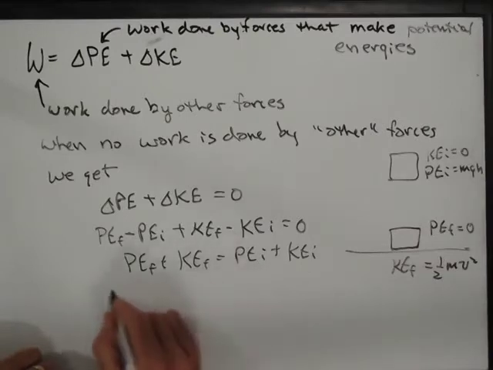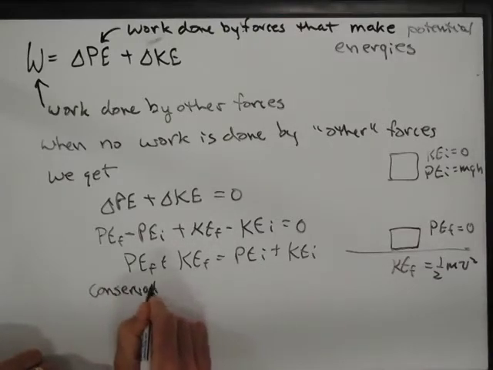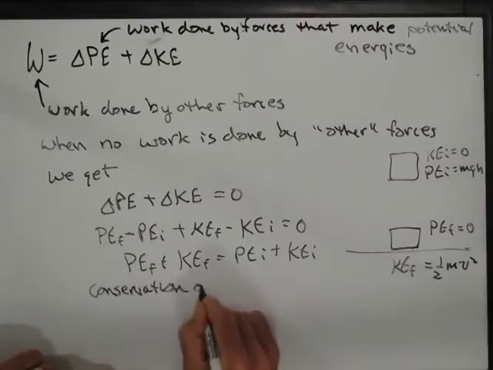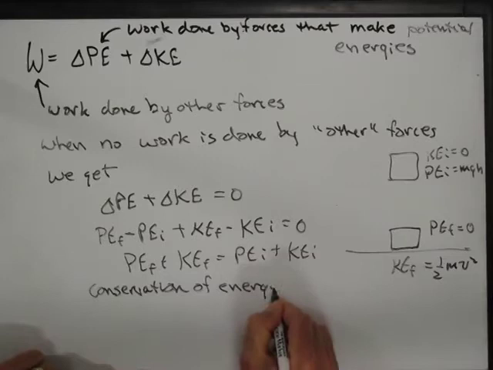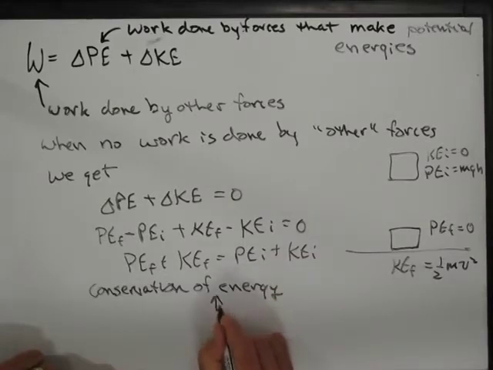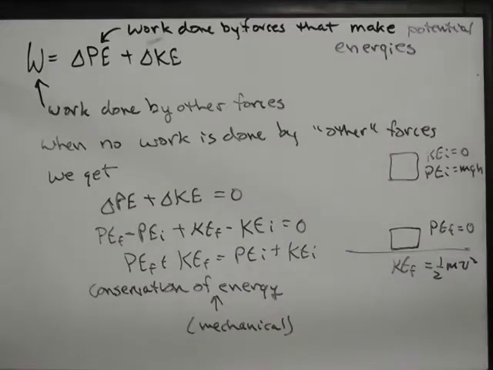And so this is sort of a statement of conservation of energy. And really what it's saying is conservation of, I would say, mechanical energy. But this is a statement of conservation of energy.